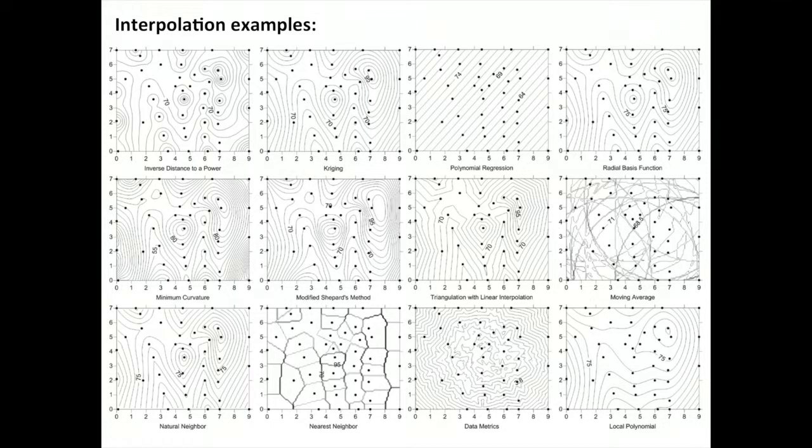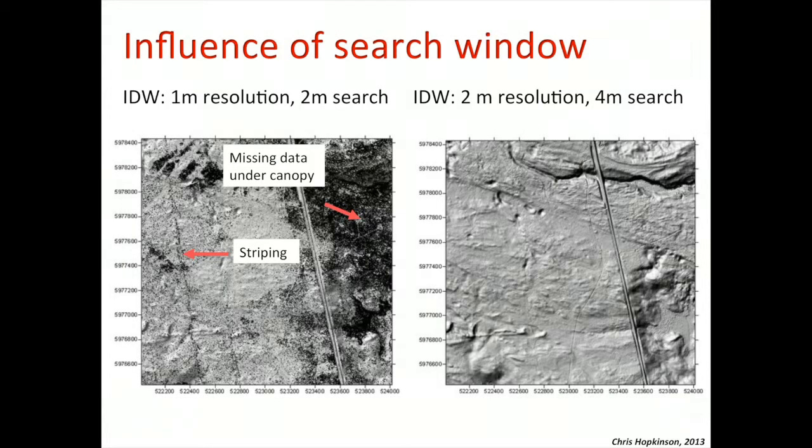I will not spend time on this slide, but just to illustrate the point, there are many different ways we can interpolate data. And within all of those different types of interpolation, there are many choices the user can make in how those interpolations are implemented. And here's one example. On the left and the right, we see a hillshade.